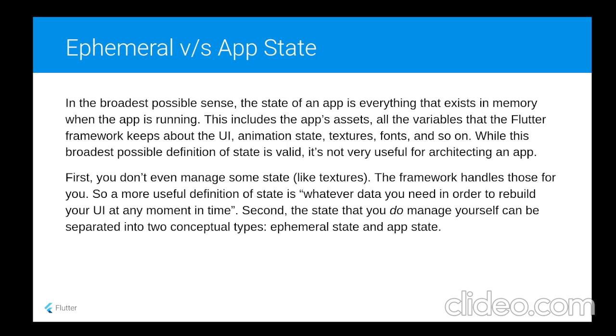While this broadest possible definition of state is valid, it is not very useful for architecting an app. First, you don't even manage some state like textures. The framework handles those for you. So a more useful definition of state is whatever data you need in order to rebuild your UI at any moment of time. This is what we talked about, right? Whatever data you need to build your UI.